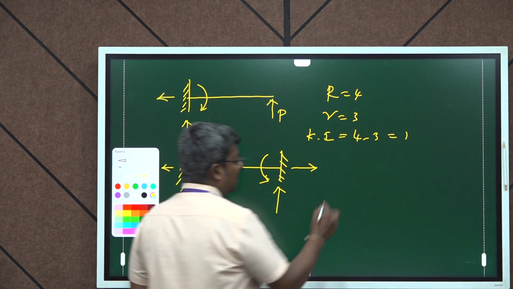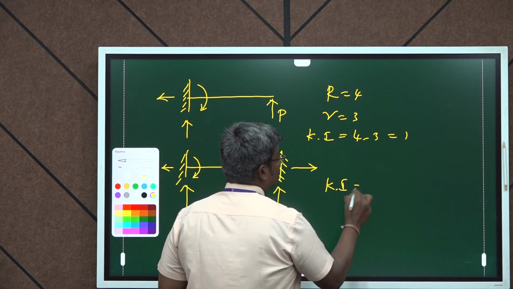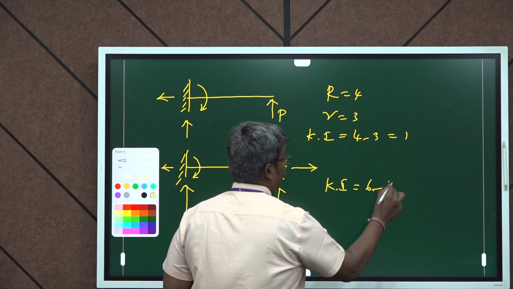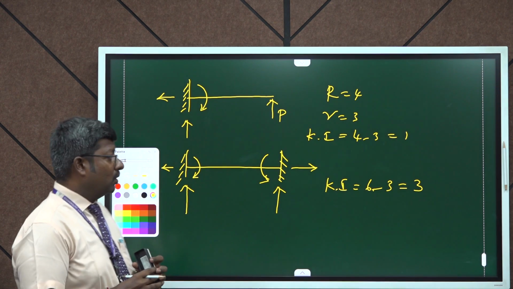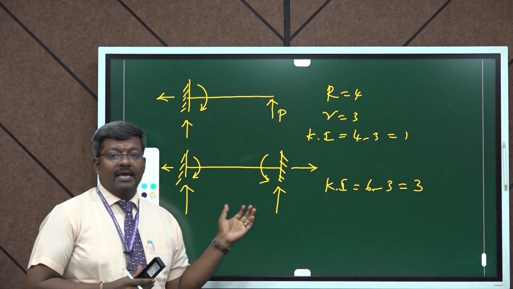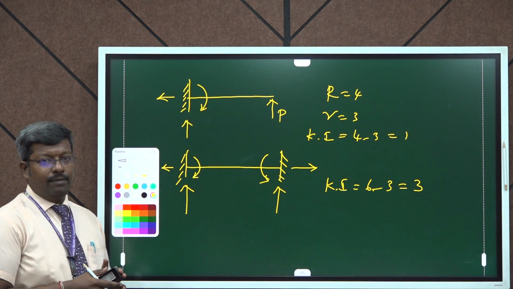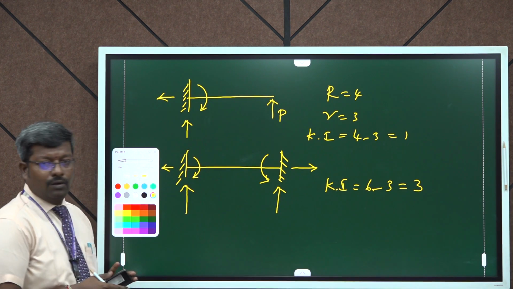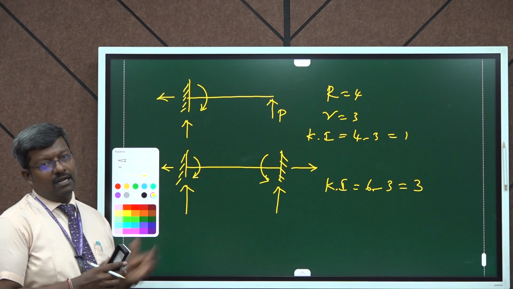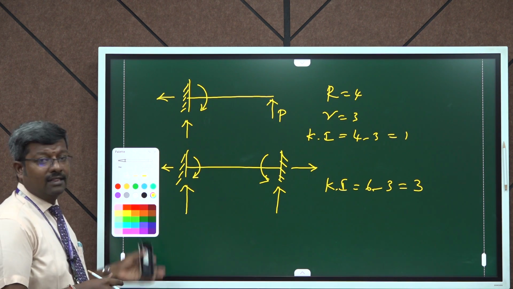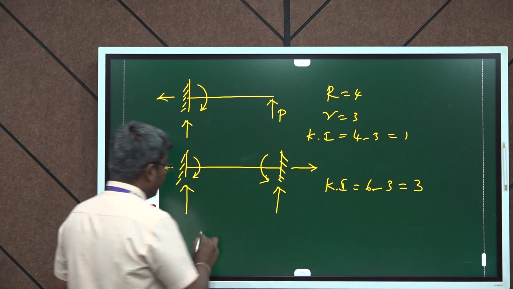So, the indeterminacy will be 6 minus 3, you will get 3. So, this beam cannot be analyzed by equilibrium equations. So, the fixed beam comes under the indeterminate beam category, and the last one is the continuous beam.